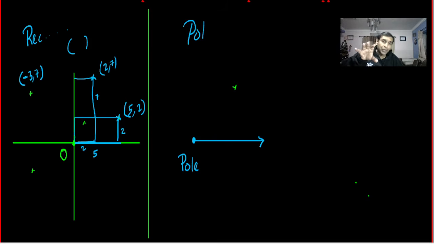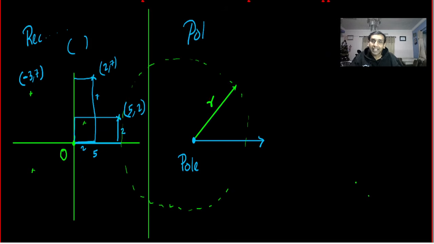And here what we do is we believe every point is a part of a circle. Can you see an invisible circle with center pole, and we mark the radius and also the angle from initial line. So the coordinate will be r, theta. Instead of our x, y, we get r, theta.